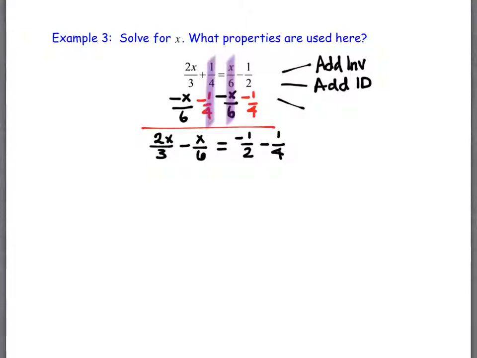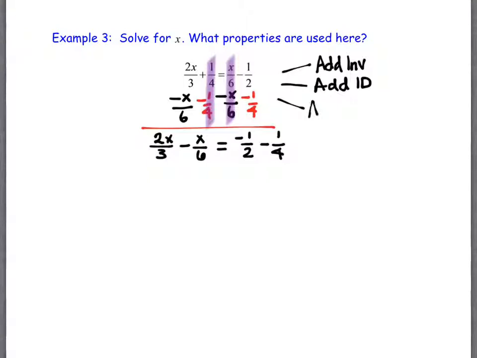It's perhaps the biggest overarching property that we used, actually. And we chose these things for certain reasons, but what did we do once we chose x over 6? We added or subtracted it for both sides, right?